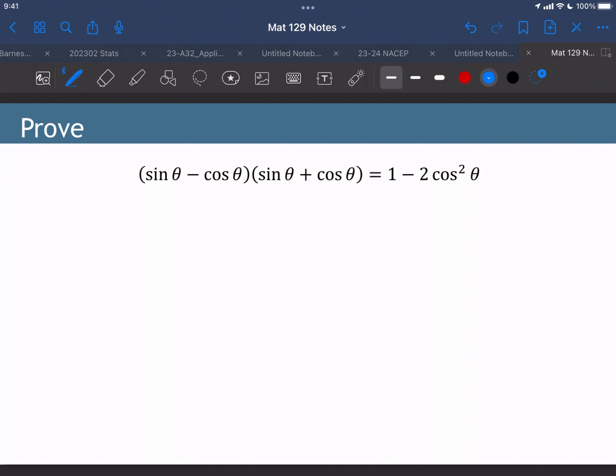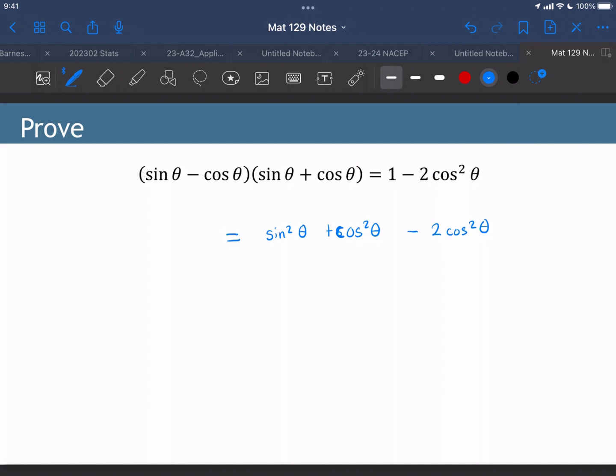I need both things. So I think if I was to use the right hand side, I would change 1 into sine squared plus cosine squared theta, and then we'll have a minus 2 cosine squared theta.